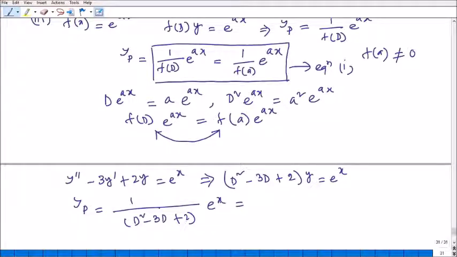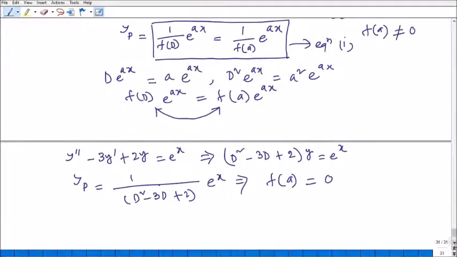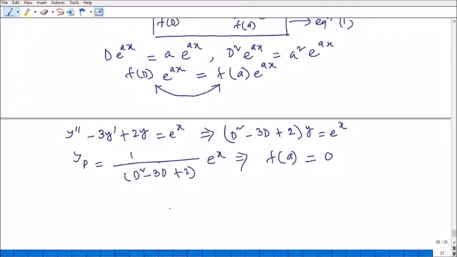So we cannot apply this formula here, because in this case f of a is equal to 0. For this case you have to apply the partial fraction method or the successive integration method.